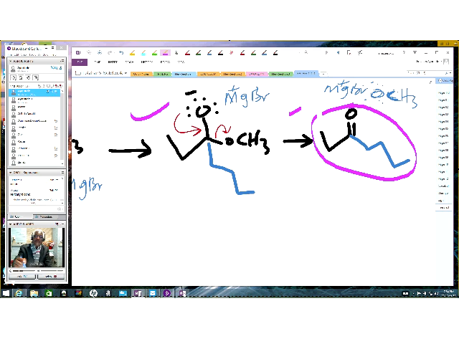So let us have another molecule of the Grignard here, acting as a nucleophile.